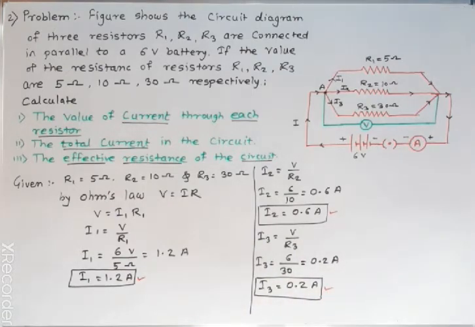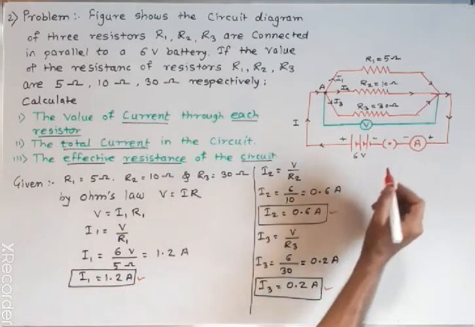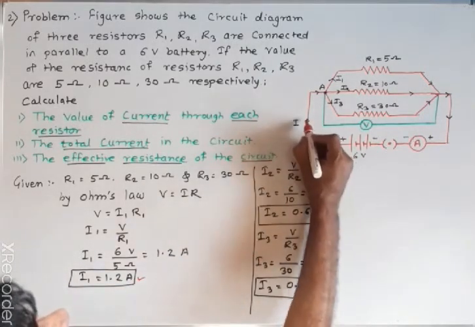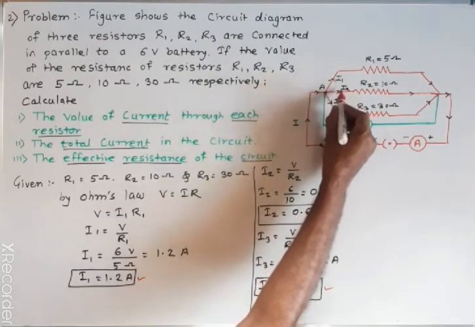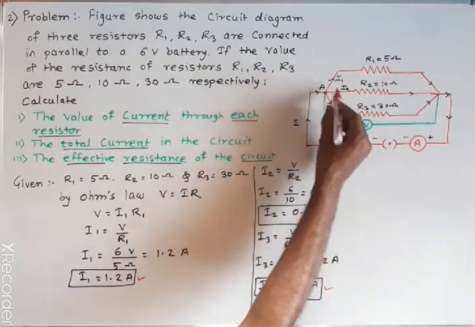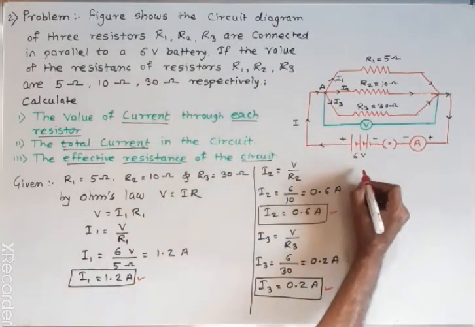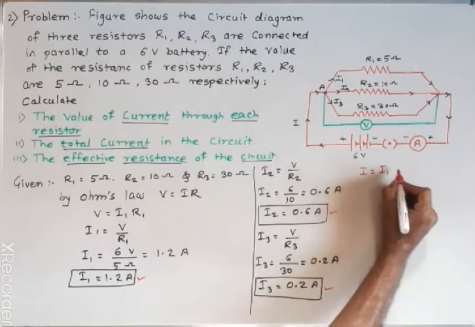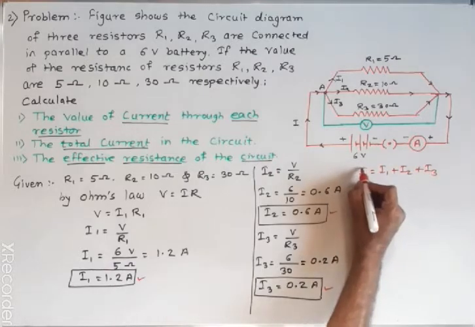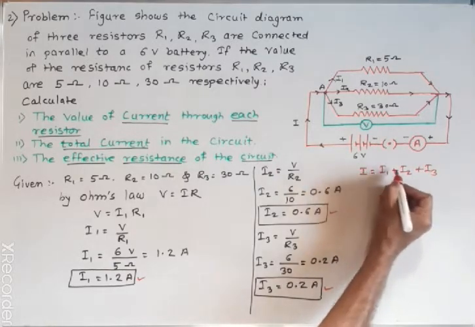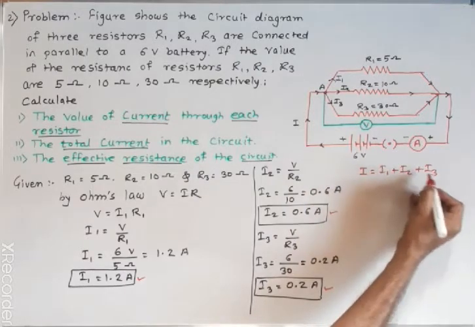Now, in my video lectures, I have already discussed Kirchhoff's current law. Kirchhoff's current law says that the total current I is flowing into junction A, and I1, I2, I3 are the currents leaving the junction. Therefore, by Kirchhoff's law, I can write I is equal to I1 plus I2 plus I3. That is, total current entering the junction is equal to the sum of the currents leaving the junction.